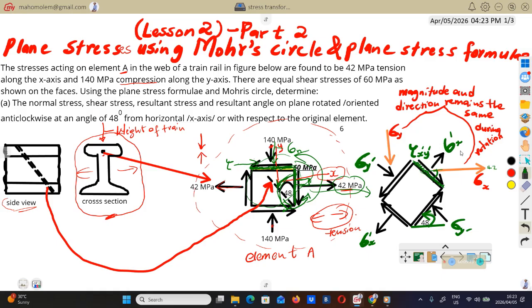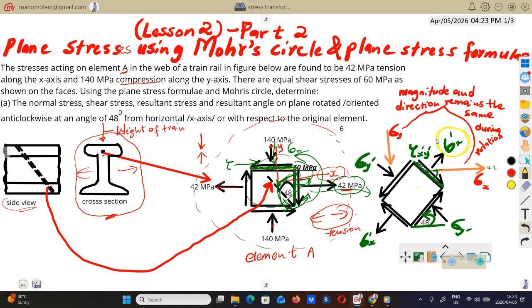Now once this thing gets tilted like that, the 42 is no longer normal, or no longer perpendicular, to this plane. So the stress that will be normal to this plane is going to be this one. This is what we call the new normal stress after rotating this element by a given angle.